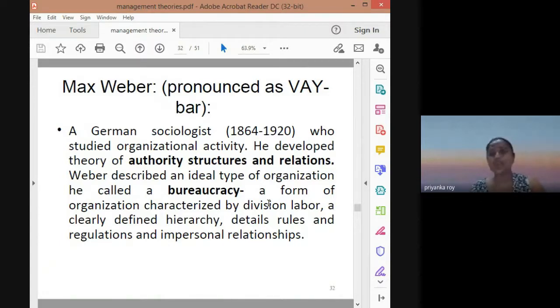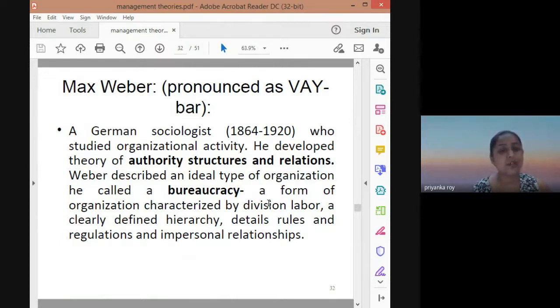Weber described an ideal type of organization which he called bureaucracy, characterized by division of labor, a clearly defined hierarchy, detailed rules and regulations, and impersonal relationships. Max Weber's bureaucratic management theory focuses on structuring organizations in a hierarchy so that there are clear rules of governance.